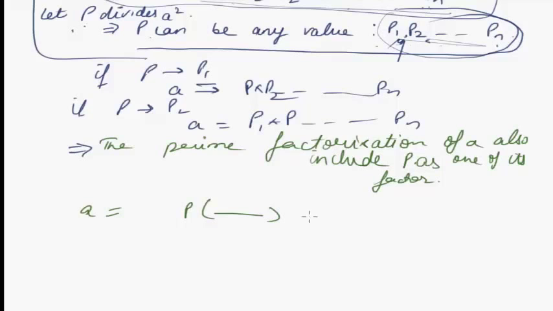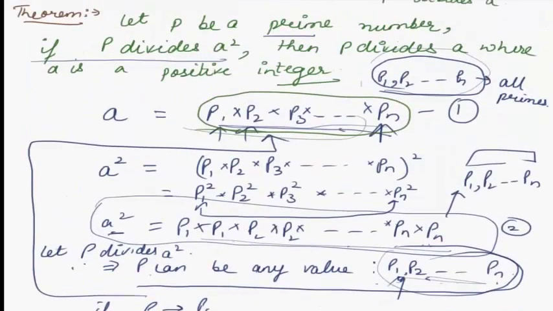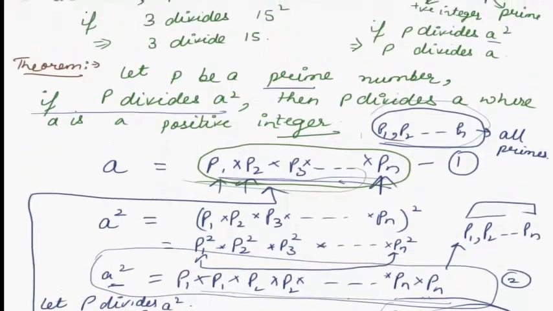So it can again be seen as the case of Euclid's division lemma, as A is equal to P into some integer x, plus 0. Thus we can say that P divides A. That is the given statement of the given theorem.